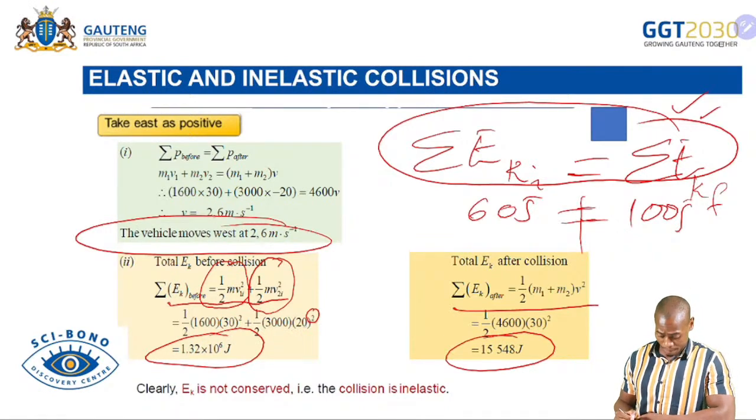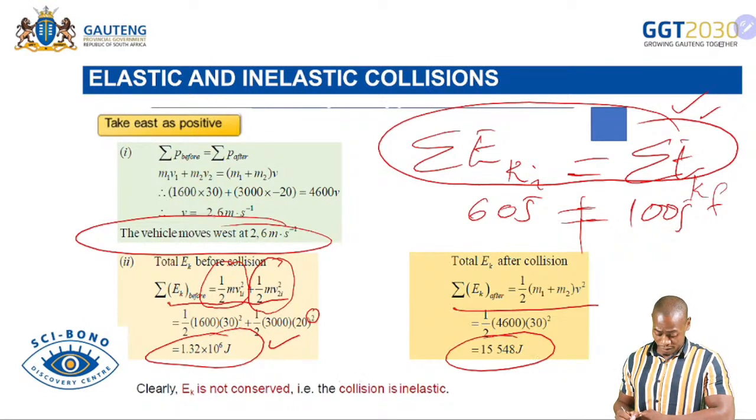Let's not forget to put the square there. All right, so we have calculated the sum of Ek before collision. This is what we got: 1.32 times 10 to the power 6 joules. And the sum of Ek after collision, we got 15,548 joules.